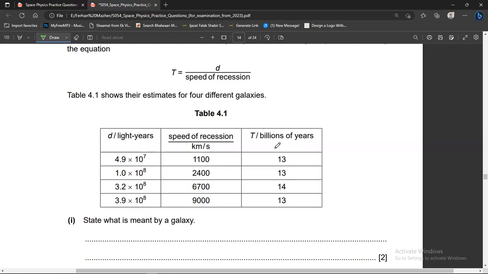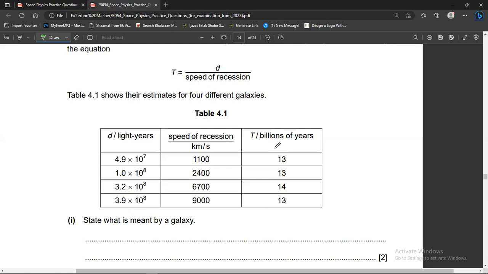And the time shows the time of recession, it means the time it is going away. For galaxy number 1, it is 13 billion years. For galaxy 2, it is 13 billion years. For galaxy number 3, it is 14 billion years. And for galaxy number 4, it is 13 billion years.